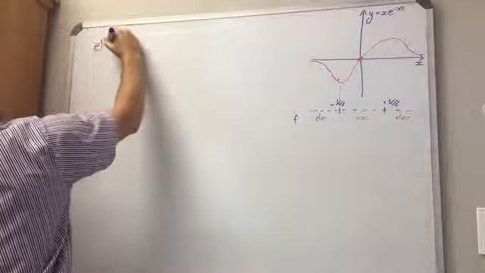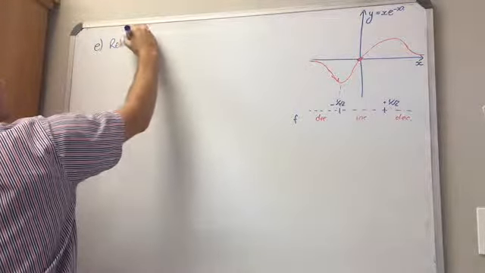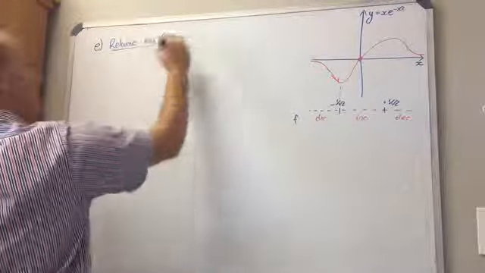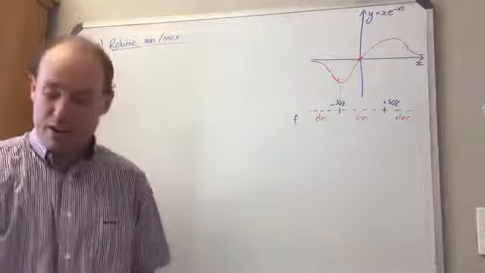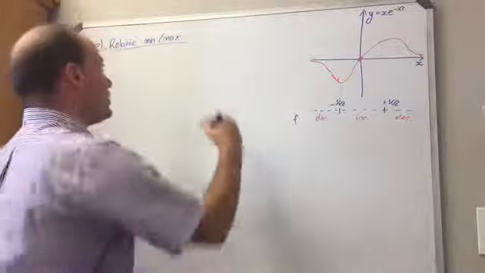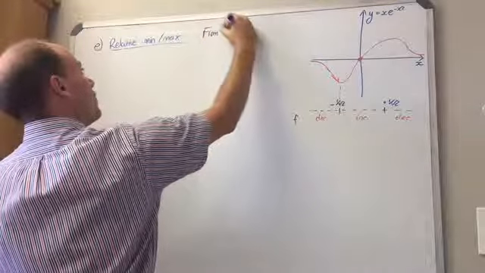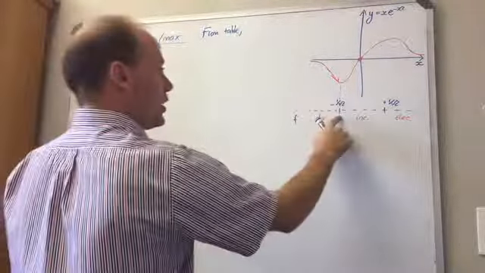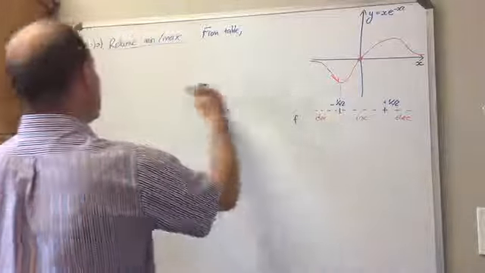Then you should do the relative min or max. And we drew that table of where the function is increasing and decreasing. So from that table, we can conclude that this point here is a relative minimum.